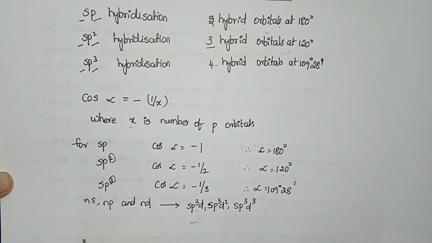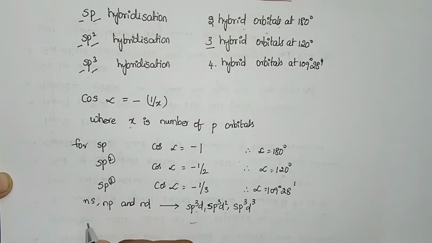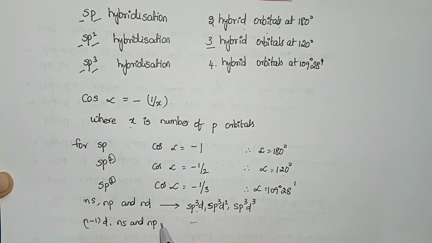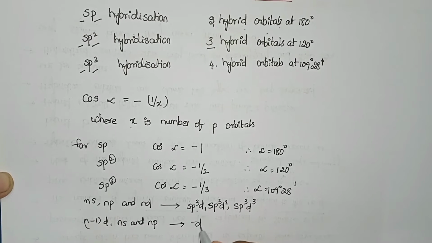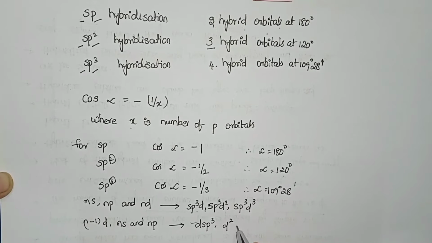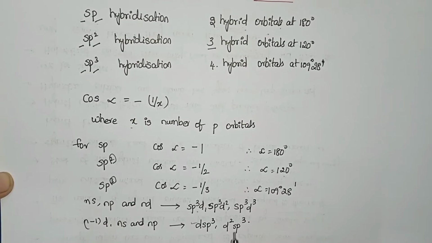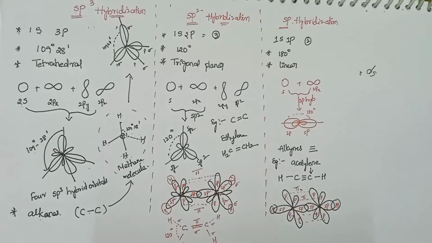On the other hand, transition elements use (n-1)d, ns and np orbitals, thus the hybridization is written as dsp3, d2sp3. Okay, let's see one by one.